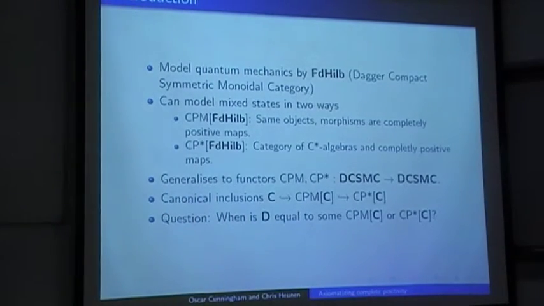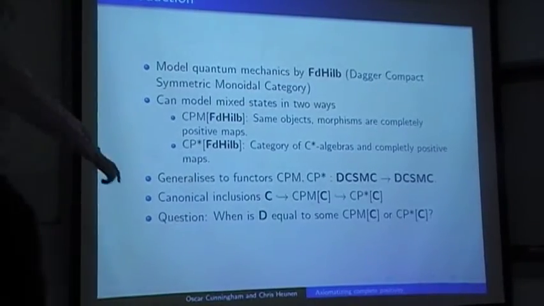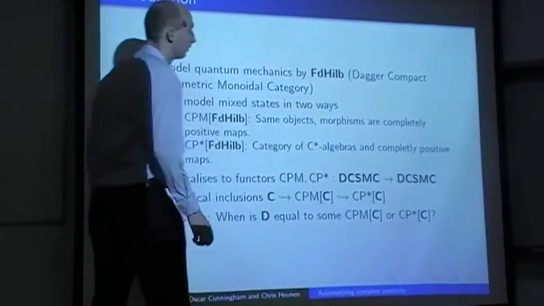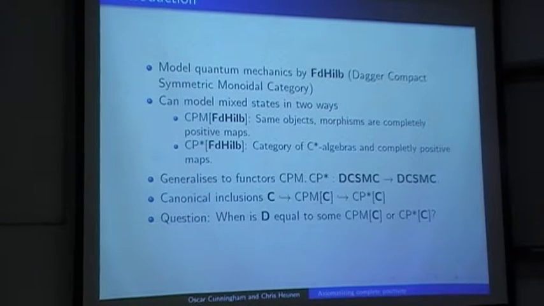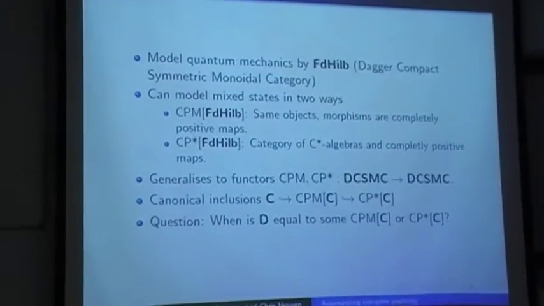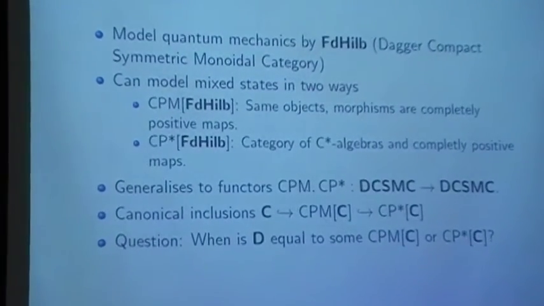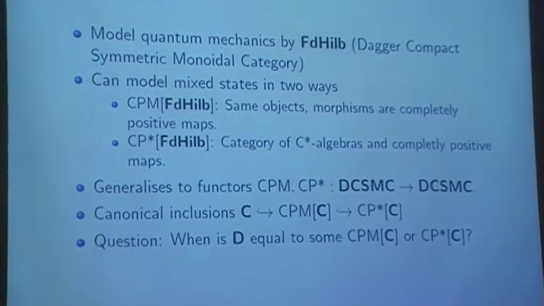And then the C star algebras also have classical ones. So this is a strict inclusion. So yeah, C star algebras can be classical or quantum and various things in between. And so that's what happens if we apply CPM or CP star to the category of finite dimensional Hilbert spaces.